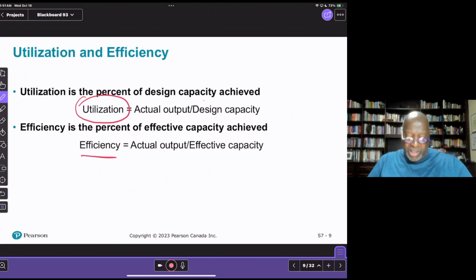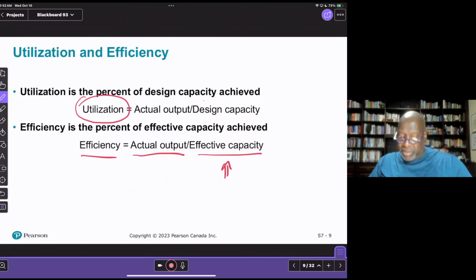The efficiency, however, is your actual output over your effective capacity. So your utilization is what you're actually producing versus what you are totally capable of producing if we were in a perfect world. However, your efficiency recognizes the effective capacity.